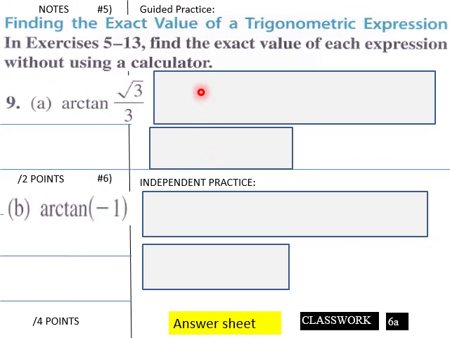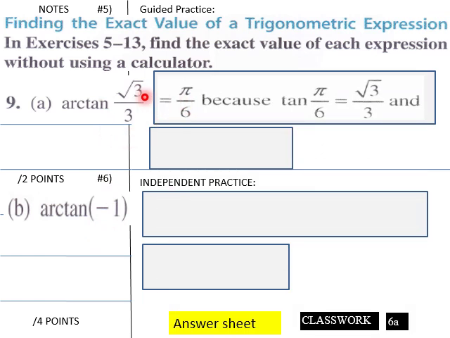So let's get into an example here of finding the exact value of each expression without using a calculator. We have arctan of square root of 3 over 3, and then down here the arctan of negative 1.